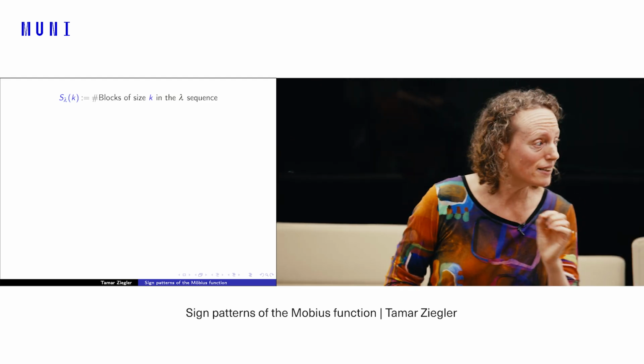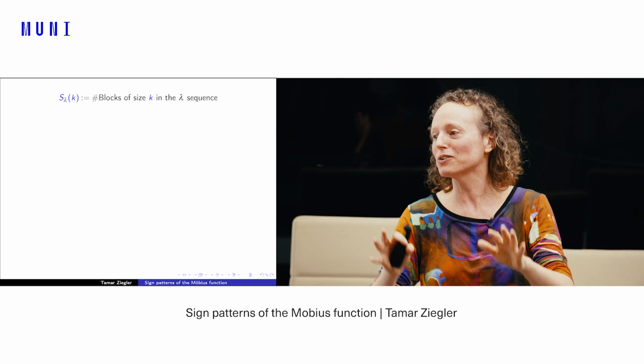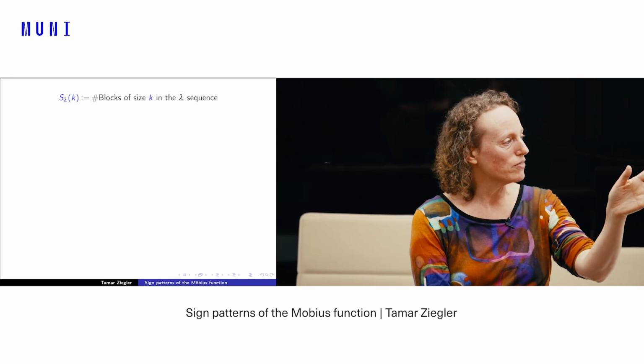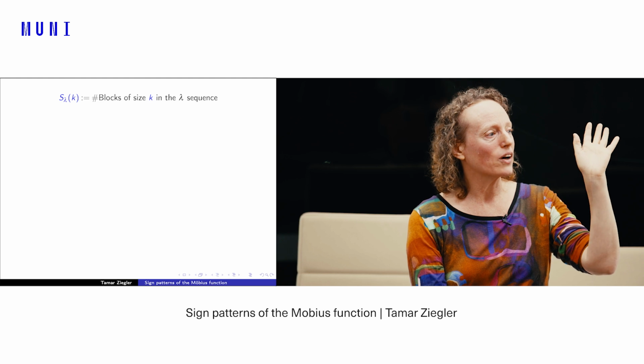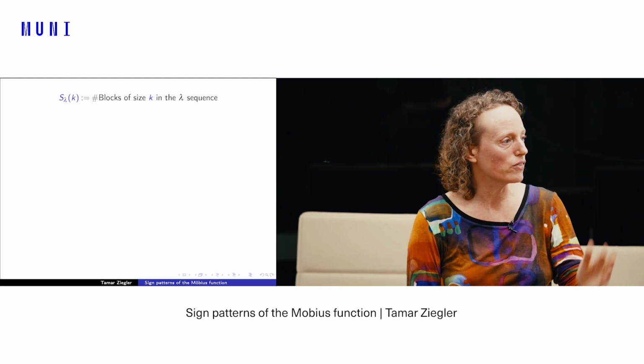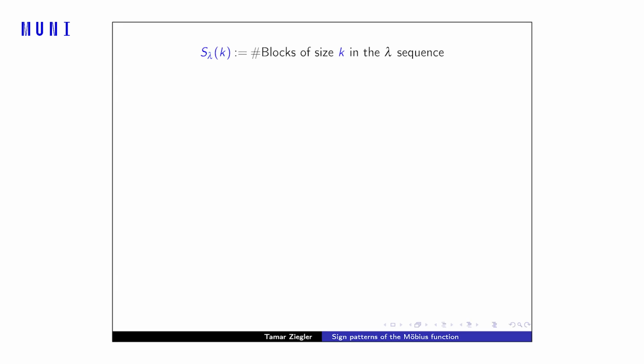This last theorem, I want to wrap up with it. I come back to the original question I started with. I called the lectures sign patterns of Liouville. So we're back to the question of what sign patterns, what kind of patterns of plus and minus ones, I can see inside this Liouville. S lambda of k will be the number of blocks of size k that I see.